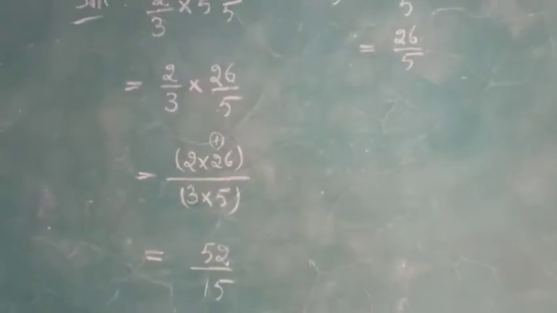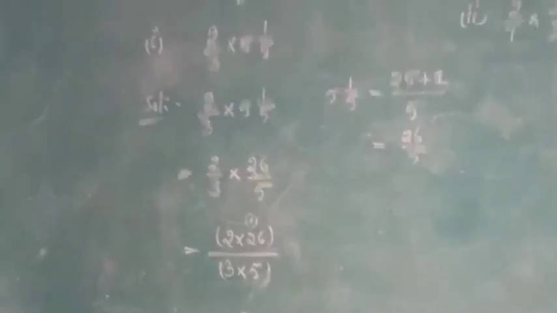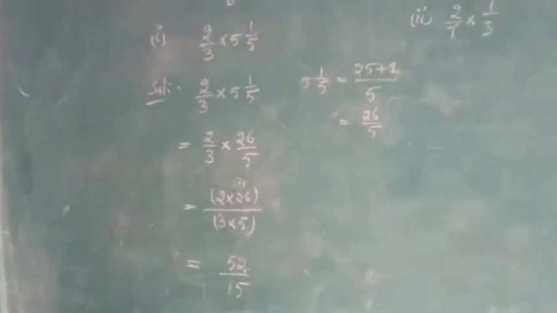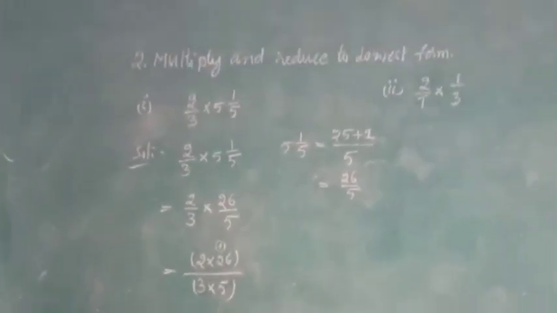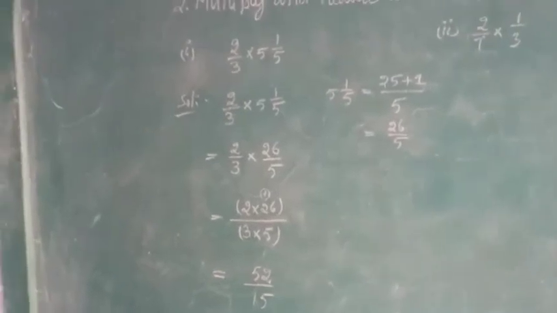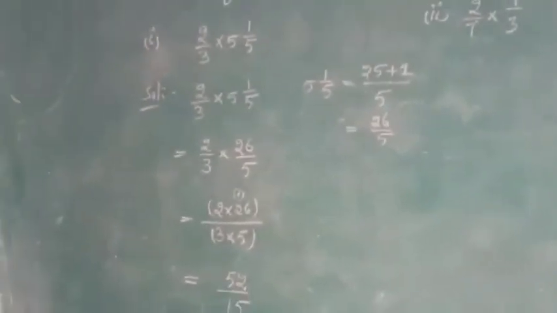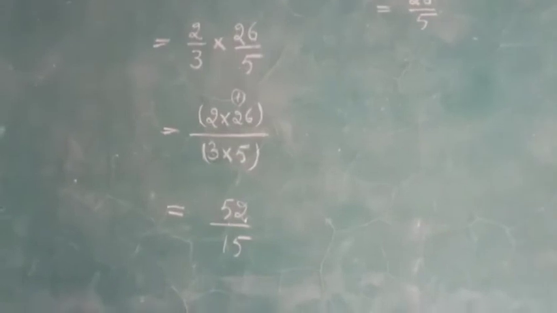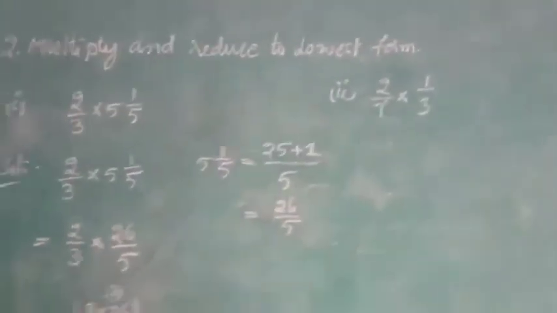See, once you concentrate on it clearly, you multiplied here. Can you reduce to lowest form?